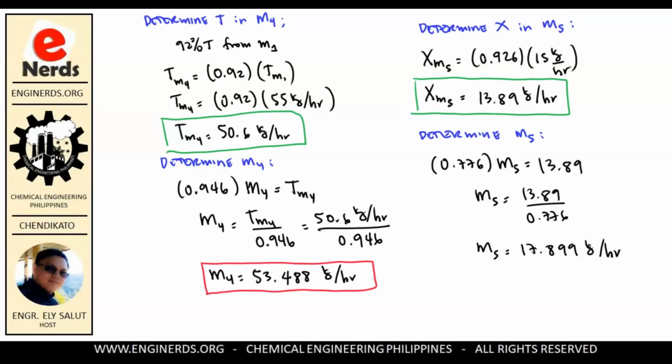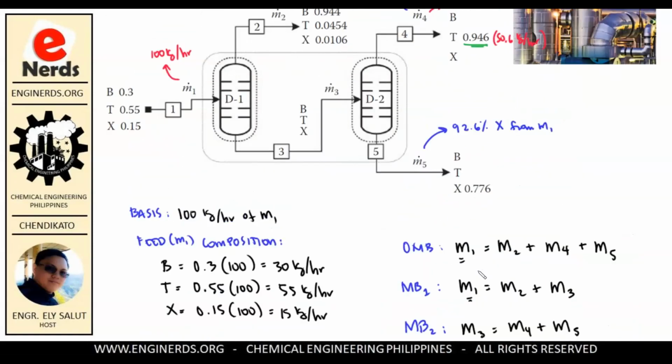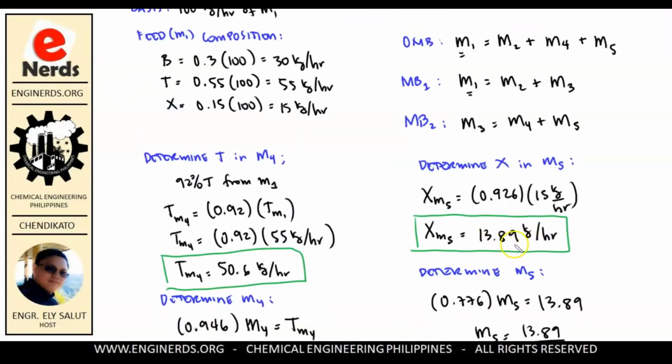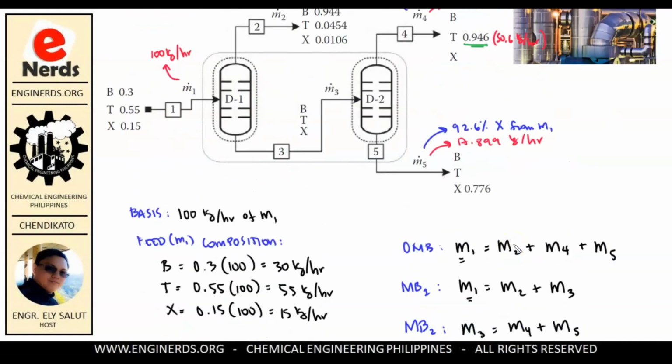Okay, so we have the value of M5, which is 17.899 kilogram per hour. And we already know the value of xylene, which is 13.89 kilogram per hour.